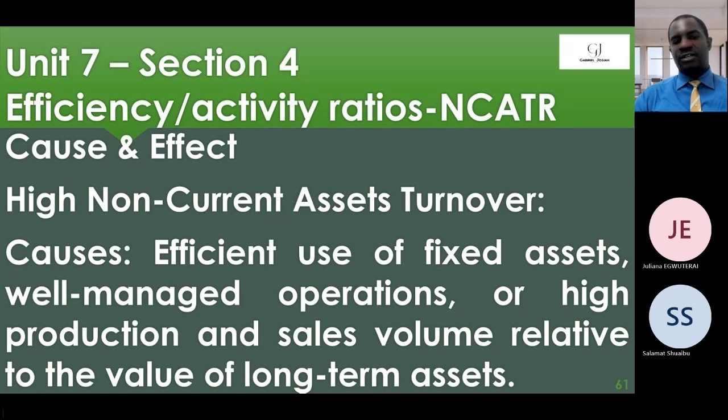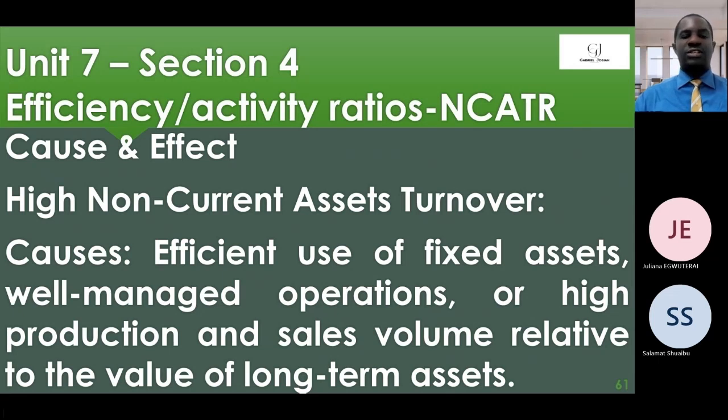So what is the cause and effect? A high non-current asset turnover, like we just saw, 2.4, means efficient use of fixed assets, well-managed operations, high production, and sales volume related to the value of long-term assets. Exactly. So these are the causes.